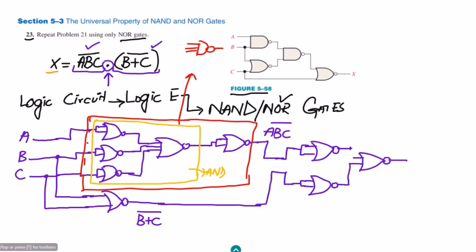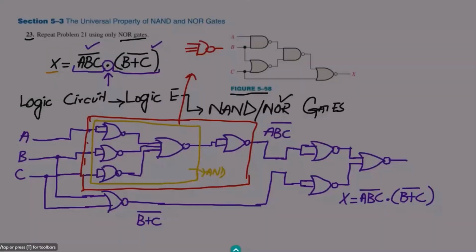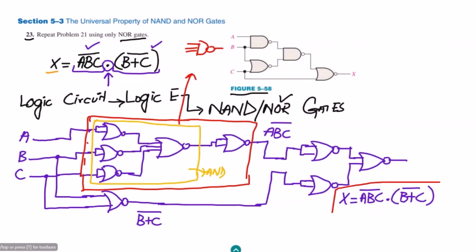At the final stage, the 2 inputs are applied, and the output of it will be the multiplication of both of these terms. So at the output of it, I will get A, B, C whole complement dot B plus C whole complement, which are basically the inputs to this gate, and this is the final stage of this circuit building, in which we have developed a circuit by using the NOR gates.